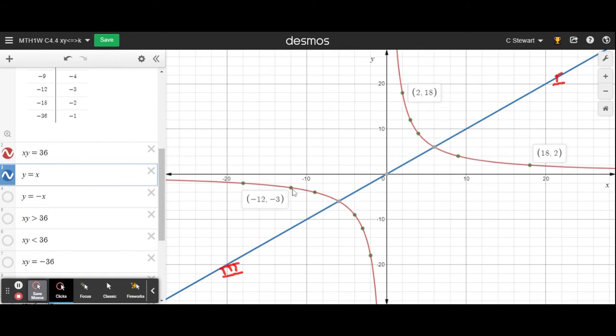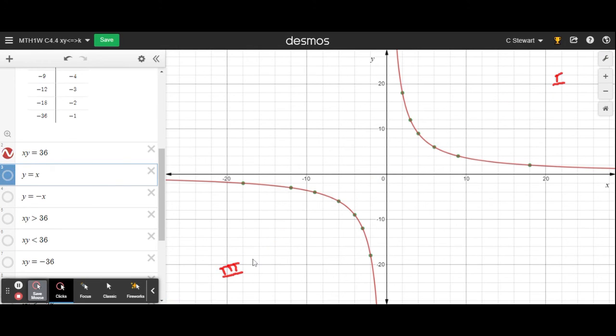So here's (-12, -3), but then over here, we've got (-3, -12). So again, you can see that that line, y equals x, is used to reflect different parts of the graph, that is to map it onto itself, and all of the x's and y's happen to change roles. Okay, so let's remove that line.